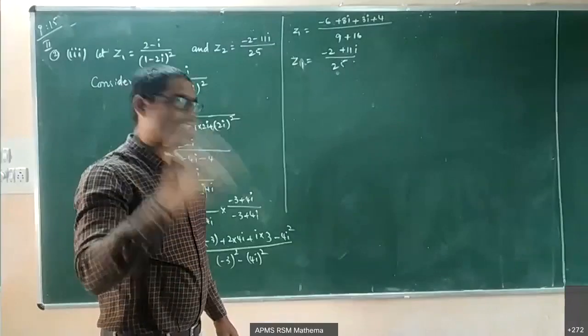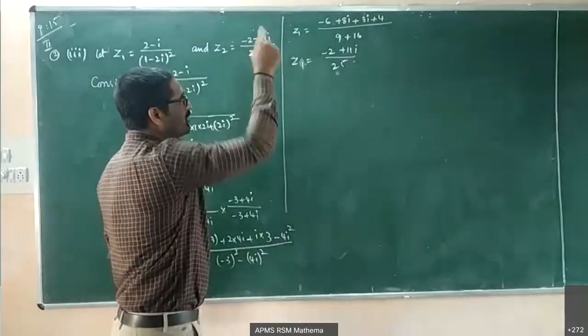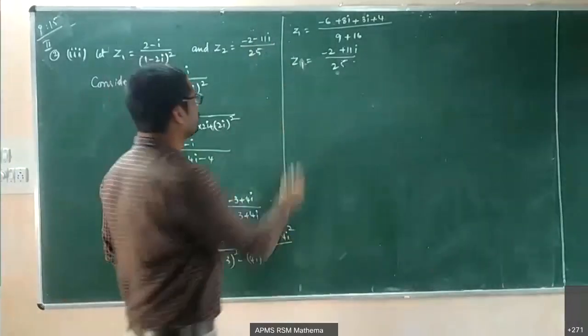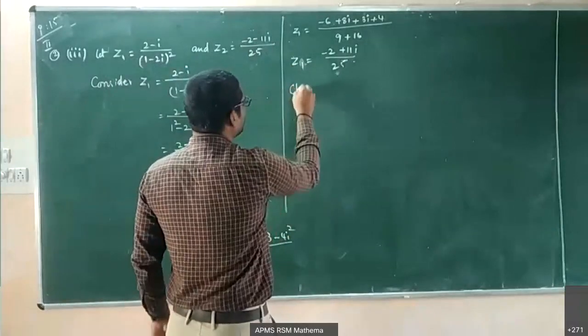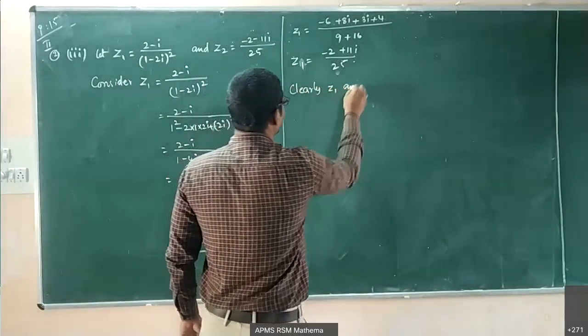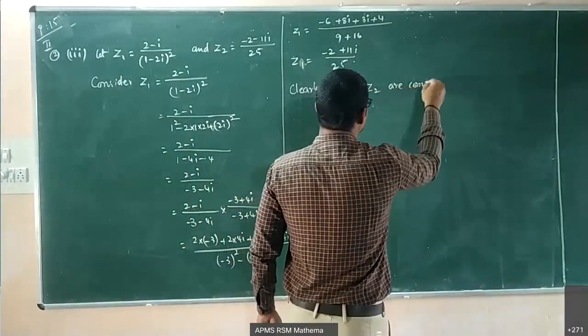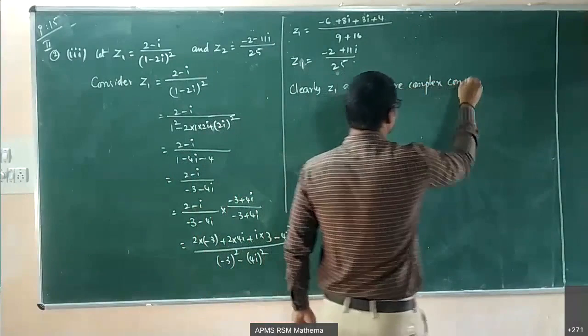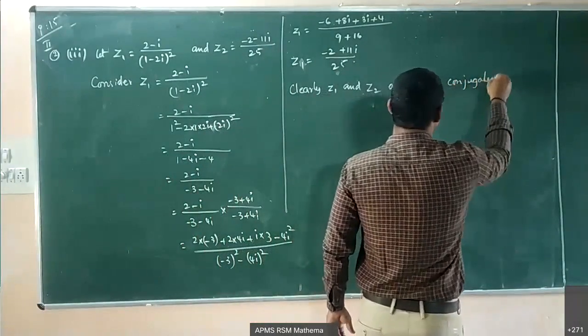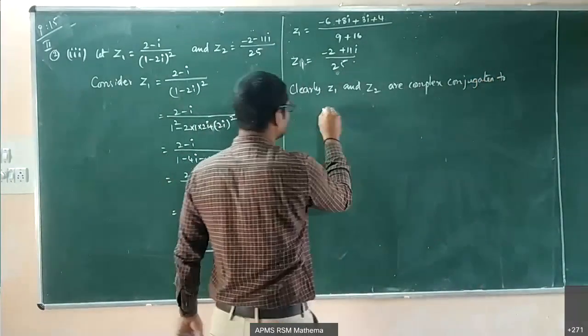That means Z1 is the complex conjugate of Z2, as well as Z2 is the complex conjugate of Z1. Clearly, Z1 and Z2 are complex conjugates to each other.